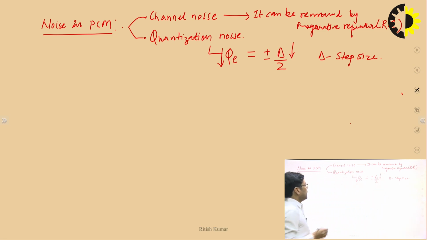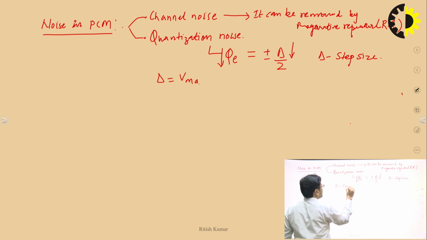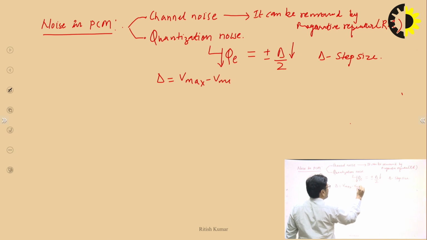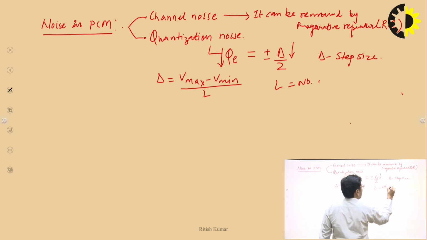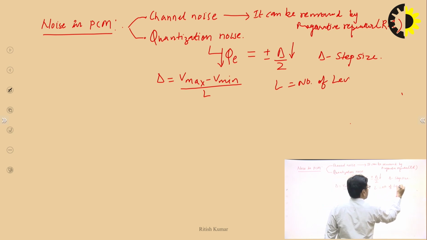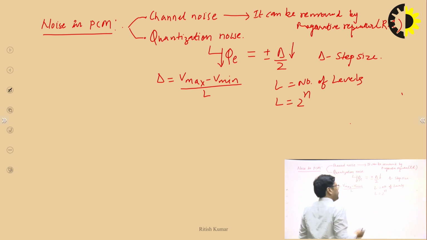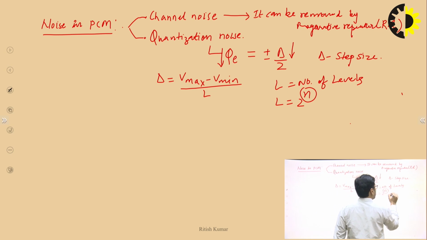As we know, delta is equal to V max minus V min divided by L. L is the number of levels, and L is equal to 2 to the power n, where n is the number of bits per sample.